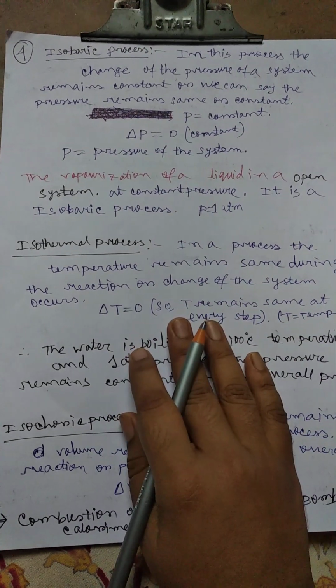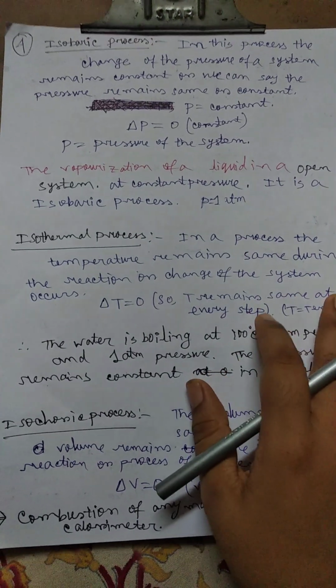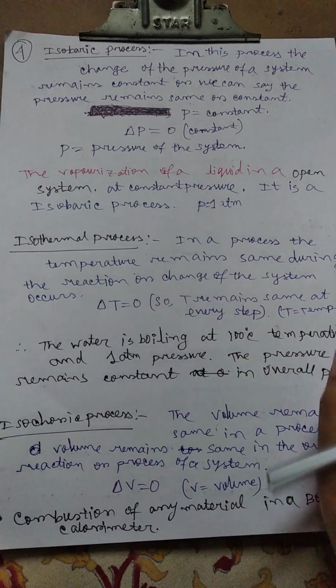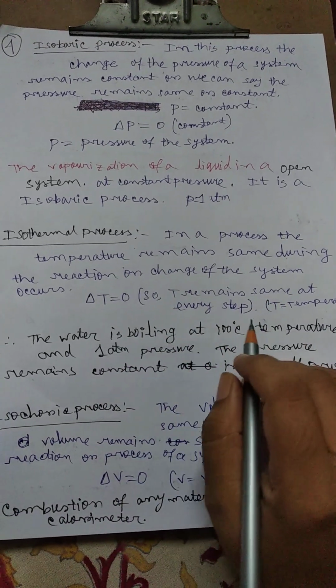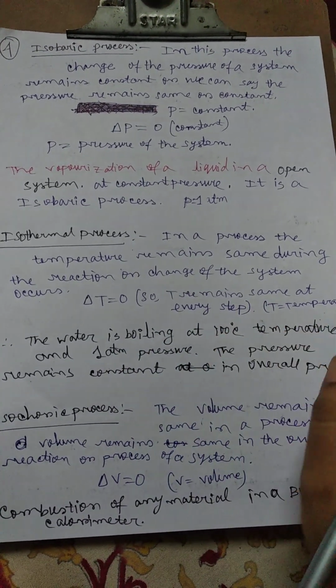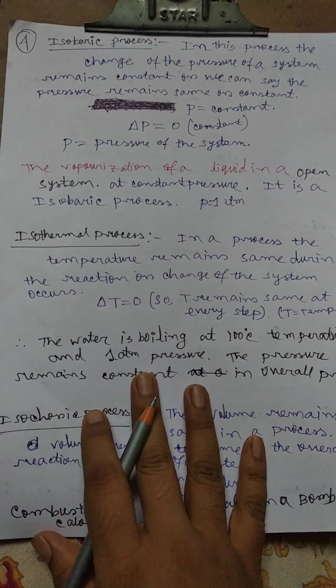The materials in the system change in a reaction, but the temperature remains the same. Okay, so delta T is equal to 0. So T remains the same at every step. T is denoted as temperature.